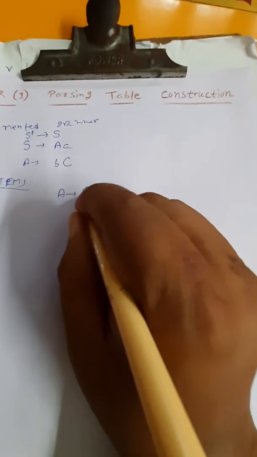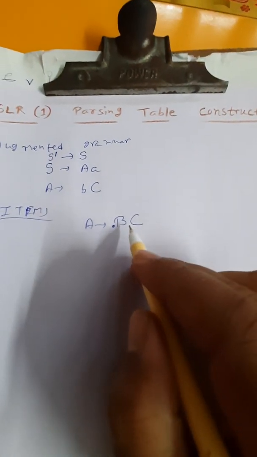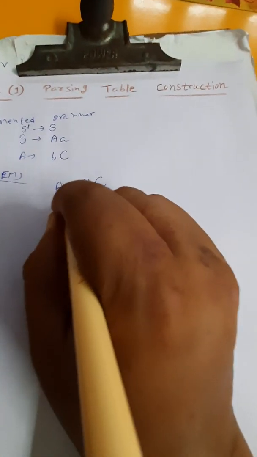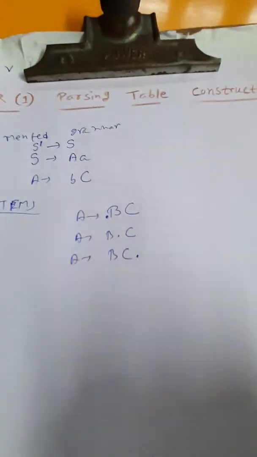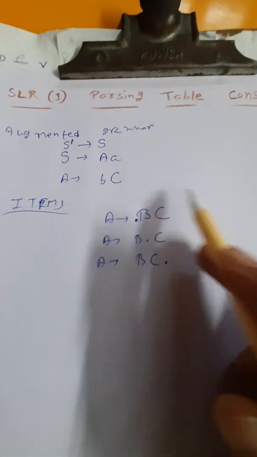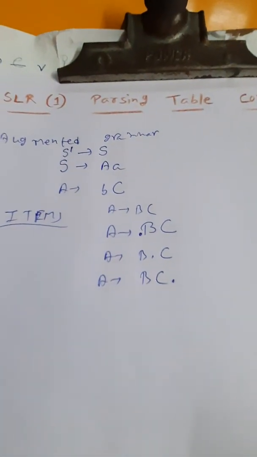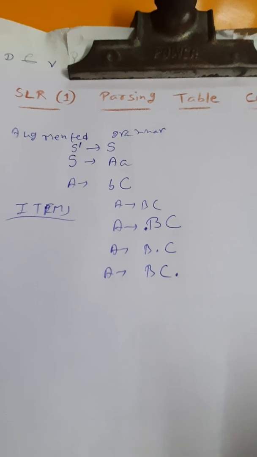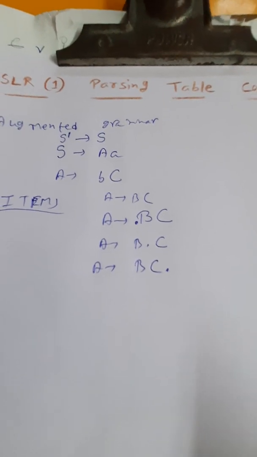First, I can add the dot at the beginning. Next, I can add the dot in the middle. Or I can add the dot at the end. So these are the three items generated from the original rule A produces BC, the different positions available for adding the dots.